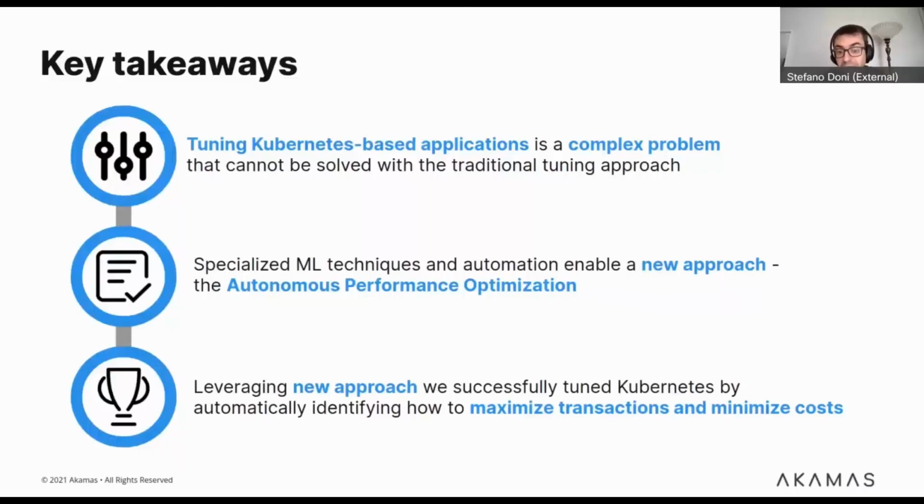Our new approach is a way to automate the process that is today largely manual, towards a new approach that we call autonomous performance optimization, which leverages machine learning not to substitute, but as an additional tool in the performance engineer's or SRE developer's tool bag, to improve the situation.